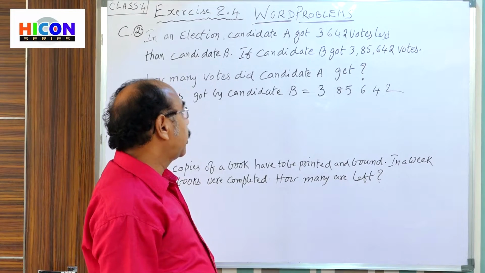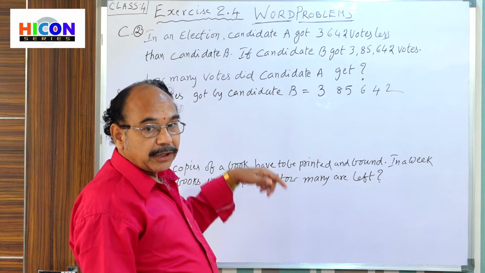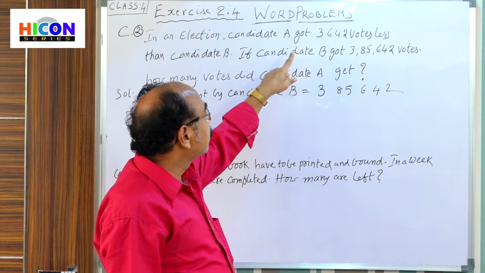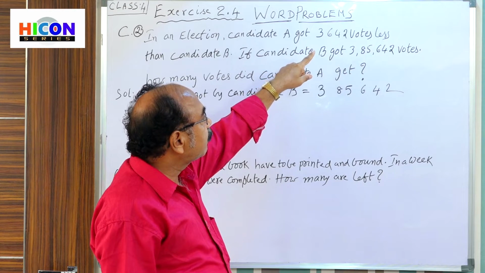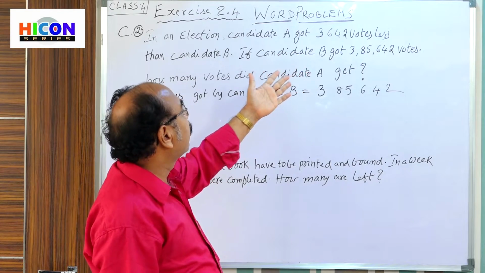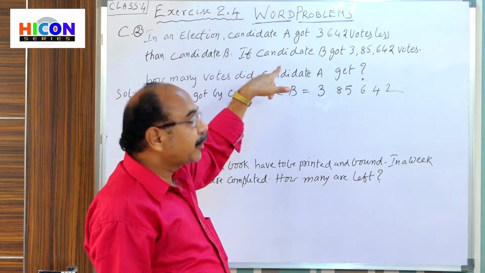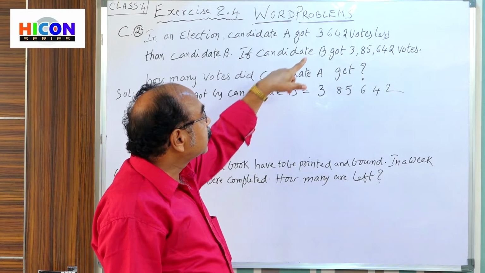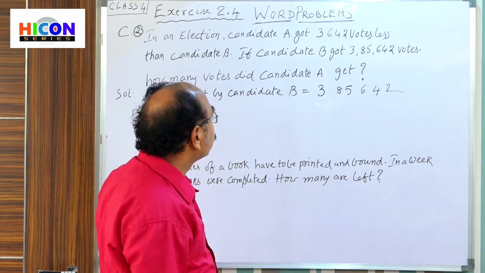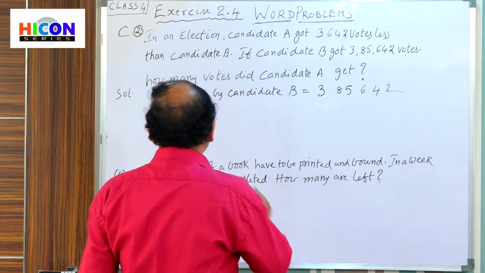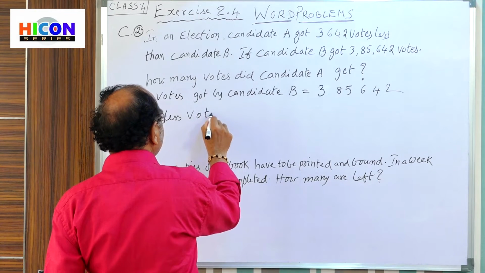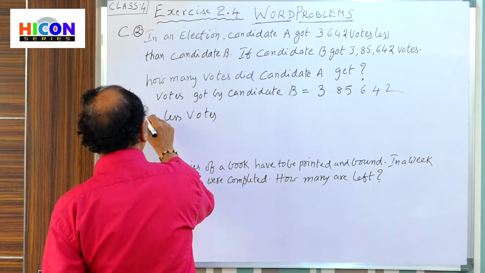Now come to A. About A, what is mentioned in the problem? Candidate A got 3,642 votes less. That much of votes less he got than candidate B. So, lesser number of votes, 3,642.